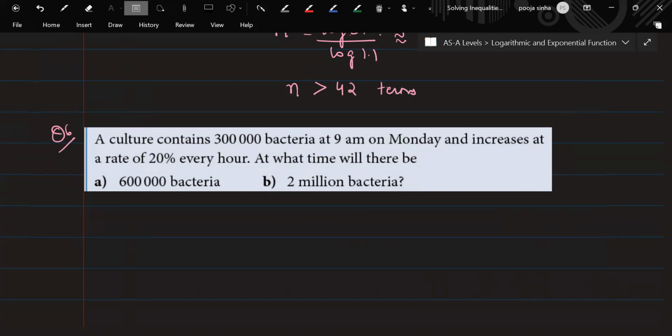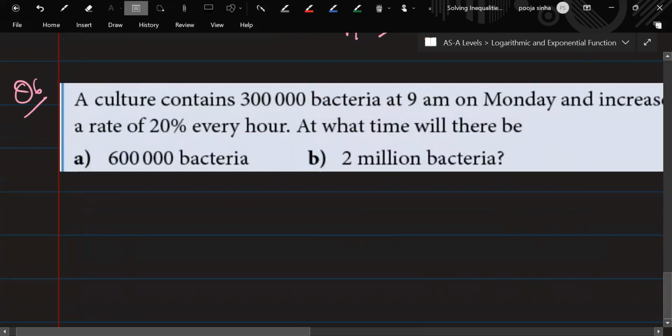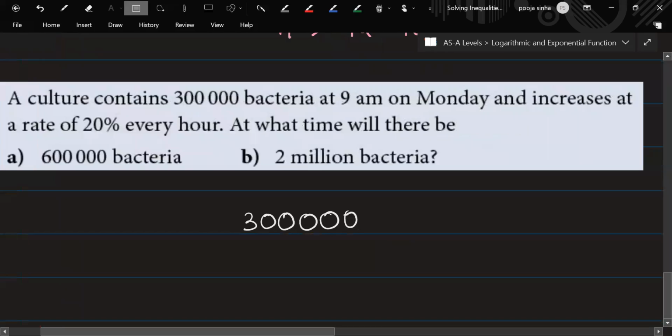Is it like 300,000 plus 20 upon 100 raised to n will be equal to 600,000? Okay. So first of all, always think of this: the number of bacteria is 300,000.